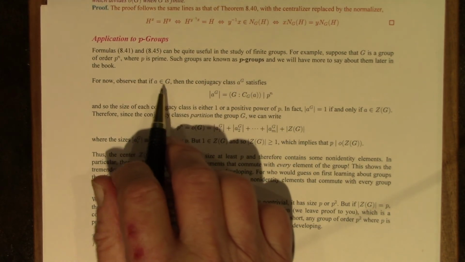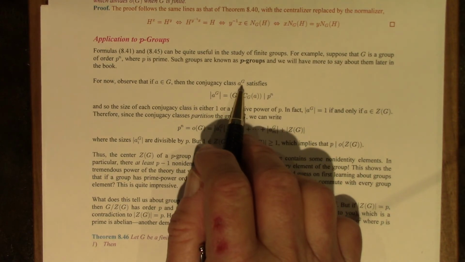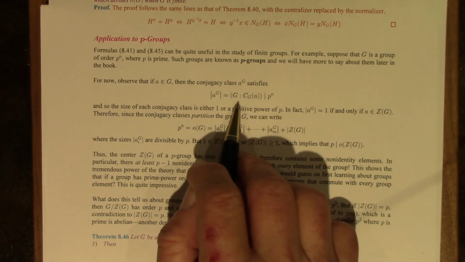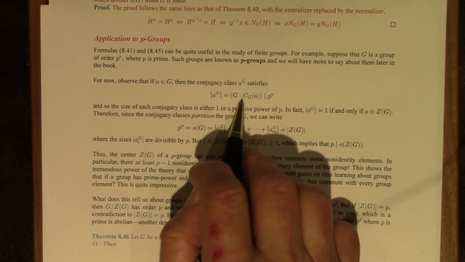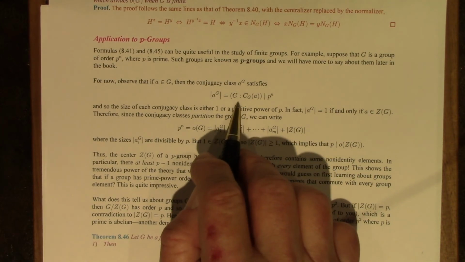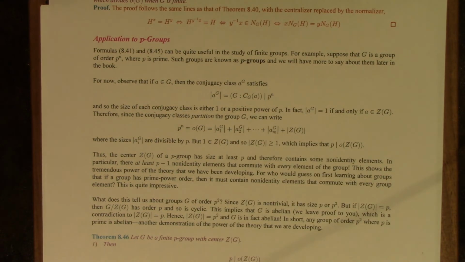But for now, let's observe that if A is an element of G, then the conjugacy class has size equal to the index of the centralizer, and we've already observed that this divides the order of the group. Any index will divide the order of the group, which is p to the n. So the size of each conjugacy class is either 1, if it's trivial, or a positive power of p.